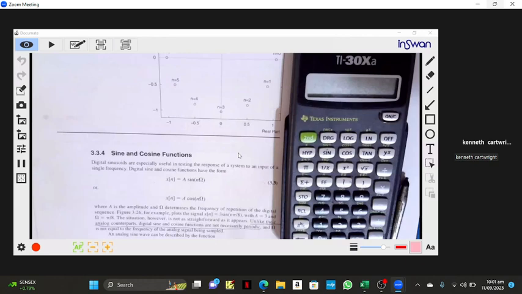Notice that our variable is not t, our variable is n. Our x-axis is n. Now, what's the coefficient of n?